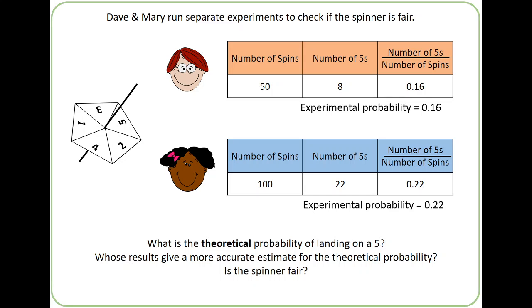The theoretical probability of it landing on a 5 in this case, there's 5 sections and one of them is a 5, so the theory would be that it would be 1 out of 5, or as a decimal, 0.2. So you can see that the most accurate estimate would be Mary's, and that's because she did more trials.